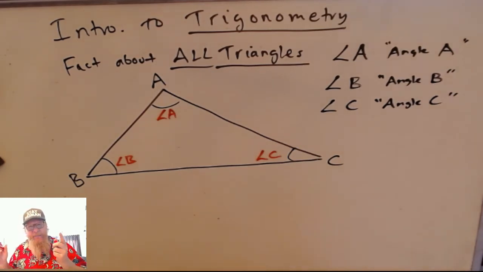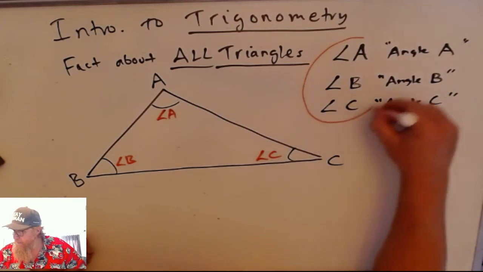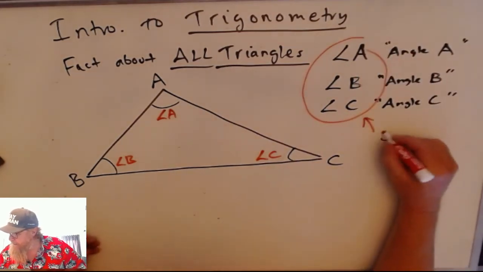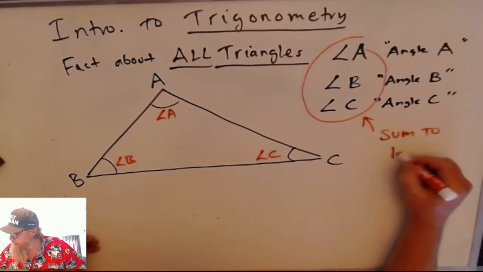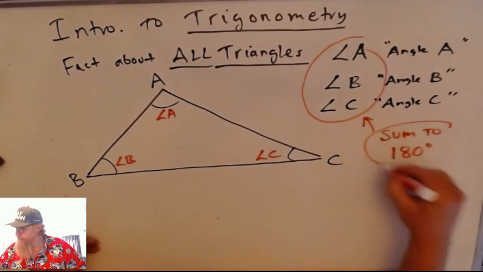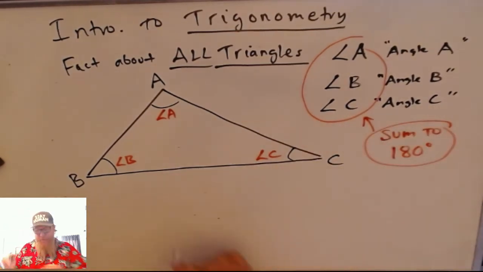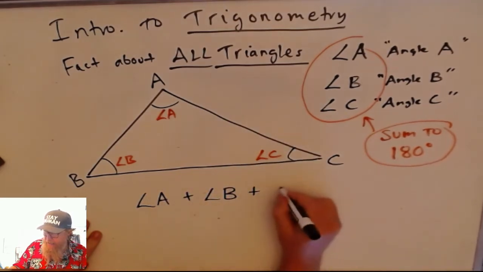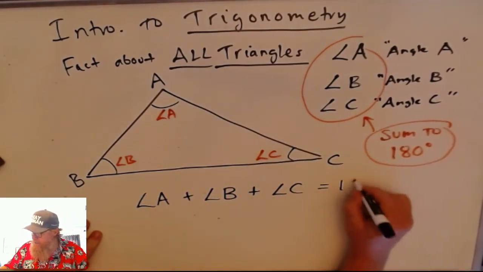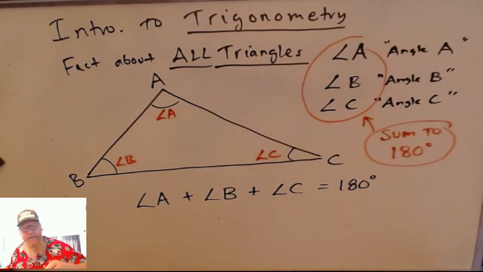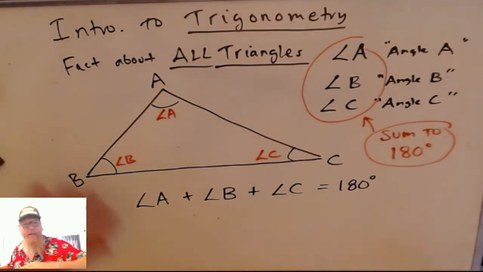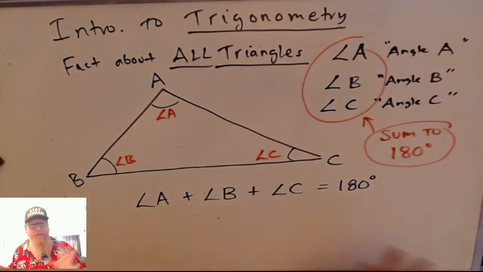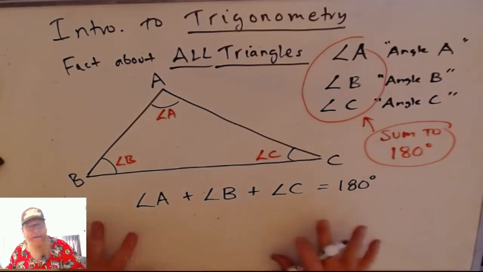Here's the fact. The sum of all these angles always sum to 180 degrees. So if you add them up, angle A plus angle B plus angle C, you always get 180 degrees. There's a long description and explanation of why that's true.